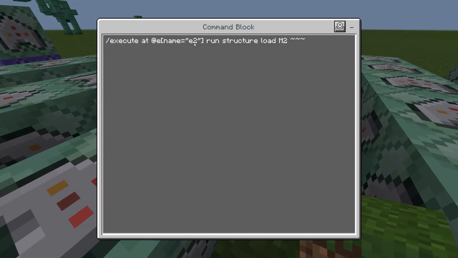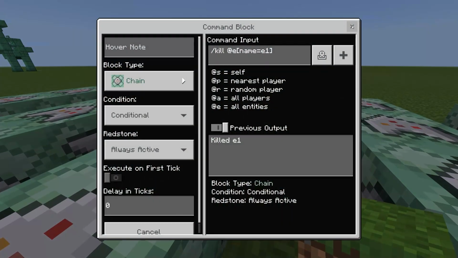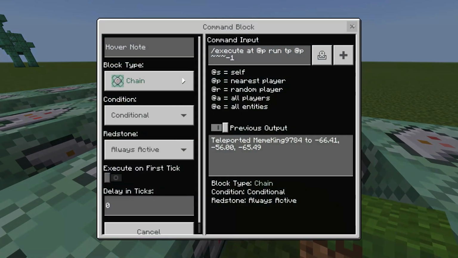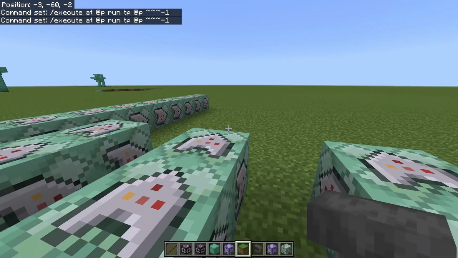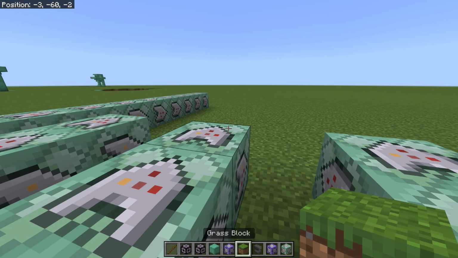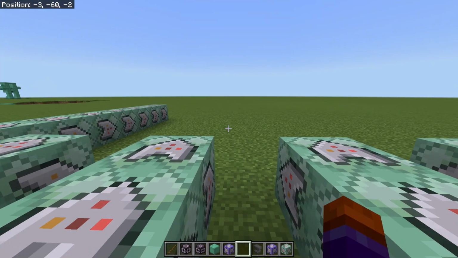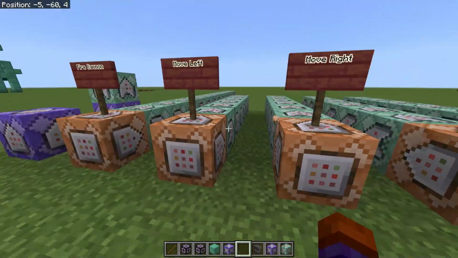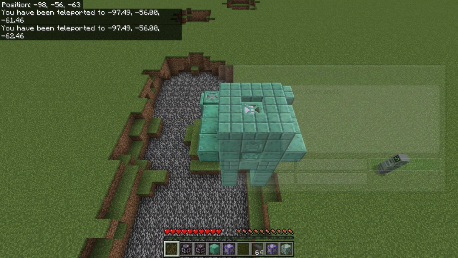And then at East 2 or E2, run structure load Mech 2, and then reset the system, kill the entities, and then teleport the person -1 on the z-axis. So when they move right, the player doesn't phase out to the right, and it teleports them left to balance it out. So move right, and then the mech moves right.